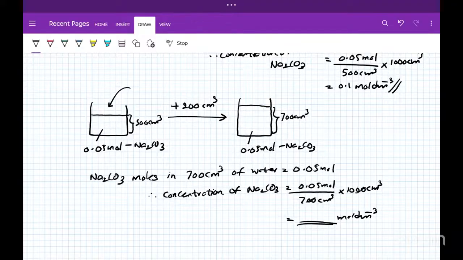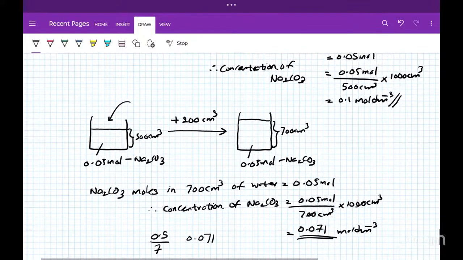This is 0.5 divided by 7, right? 0.5 divided by 7 means 0.07, 0.071, right?